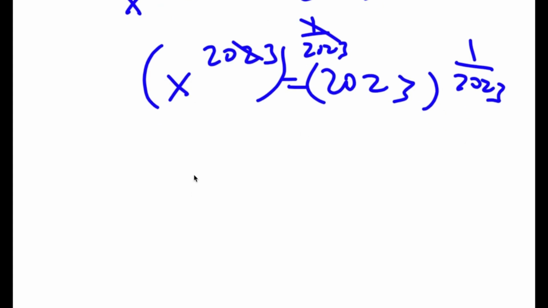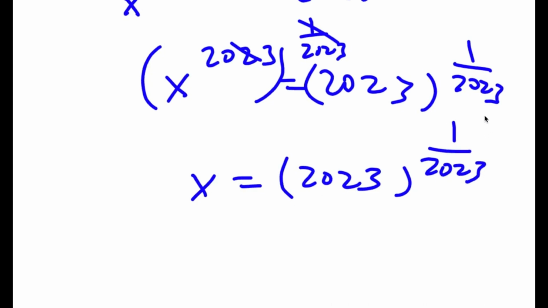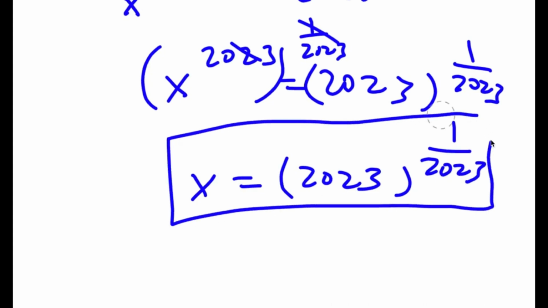These two will cancel out, and I'm left with x is equal to 2023 to the power of 1 over 2023. So this is a much simpler and faster solution to solving this problem.